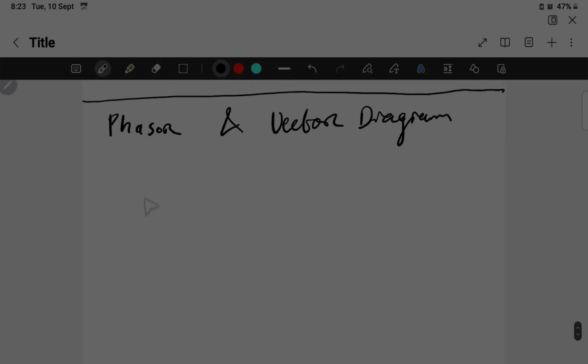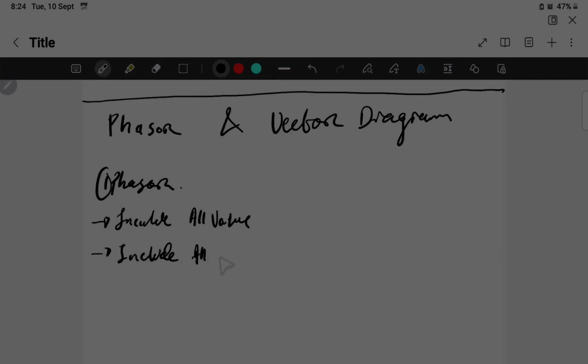So let's start with the phasor. The phasor is going to include all values, and it's going to include all angles, and sometimes it might include the total and the angle.